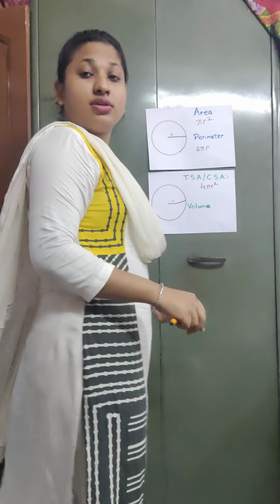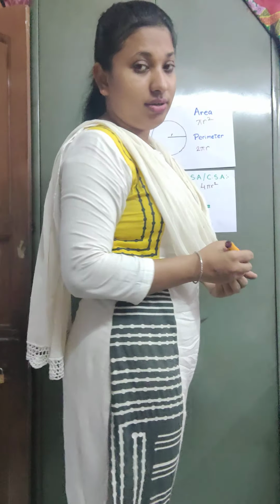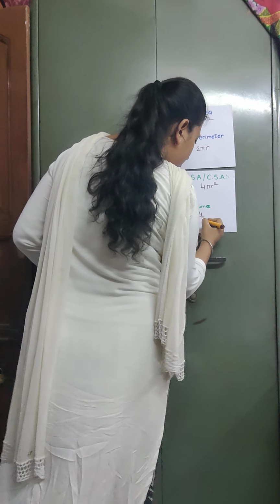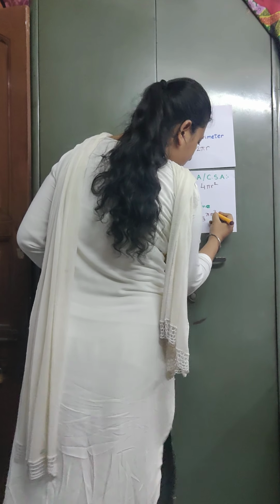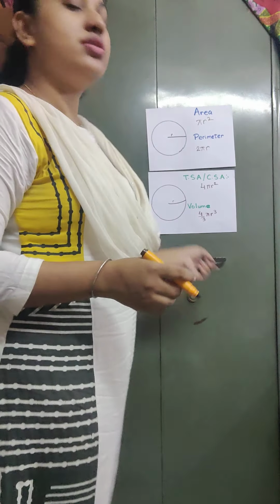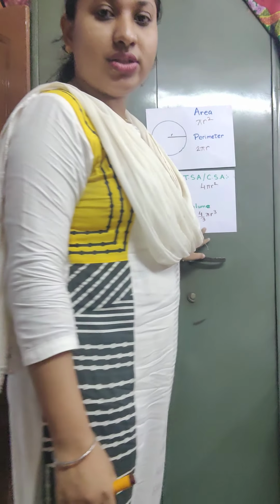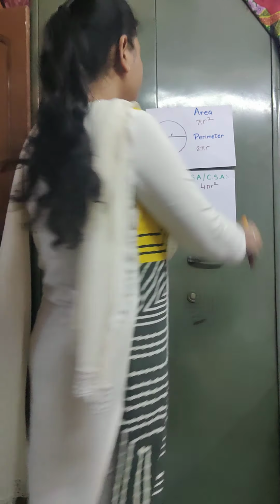So 4 by 3 pi r cube. So the volume of a sphere is 4 by 3 pi r cube.